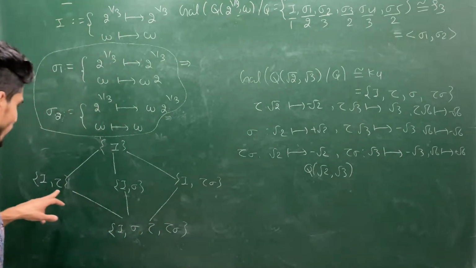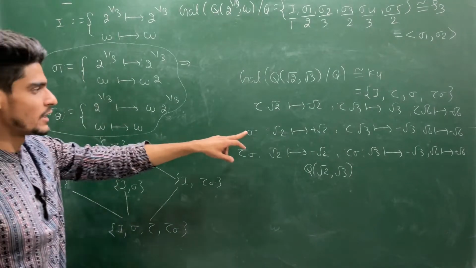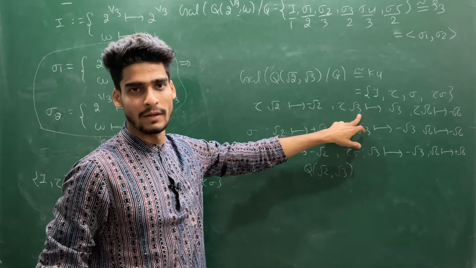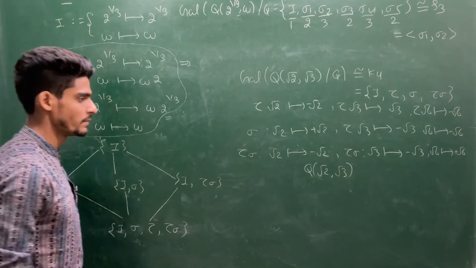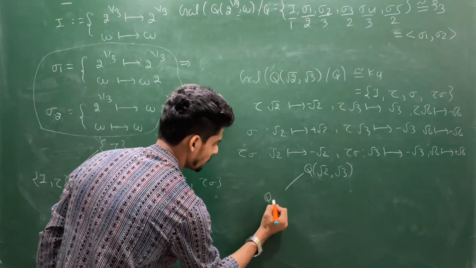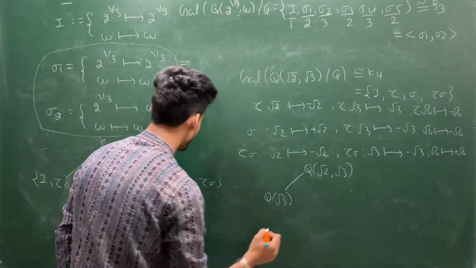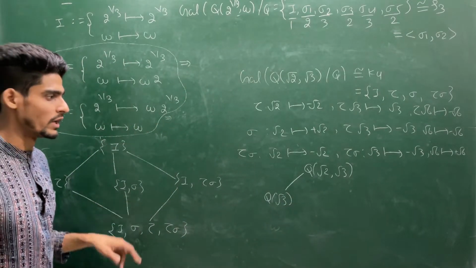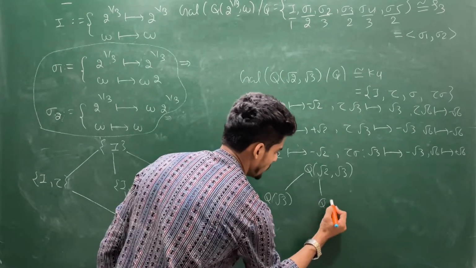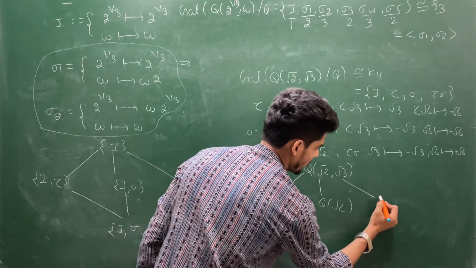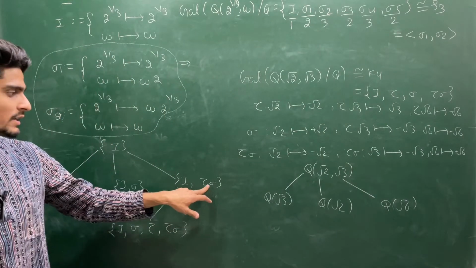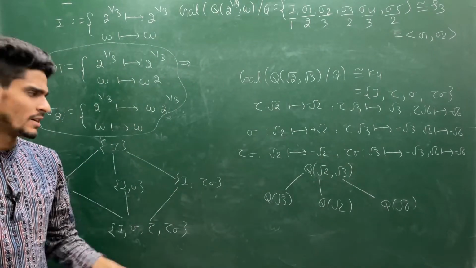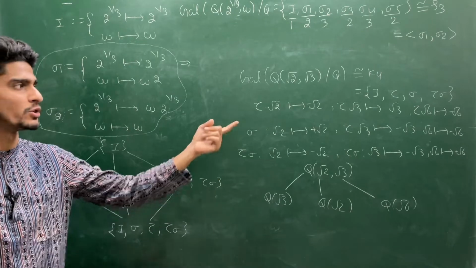So what is the fixed field of I comma tau? This tau fixes the root 3 element, so it will fix Q adjoint root 3. This sigma fixes root 2, so this will be your Q root 2. It will be your Q root 6, because tau sigma is fixing root 6. I said sigma tau or tau sigma, both are the same because your group is abelian.